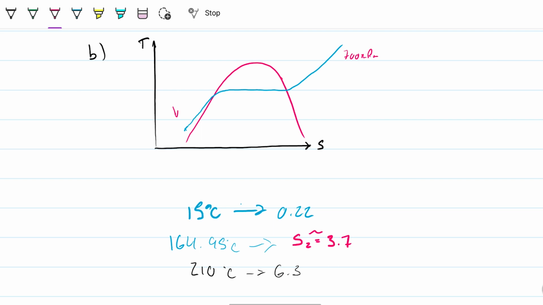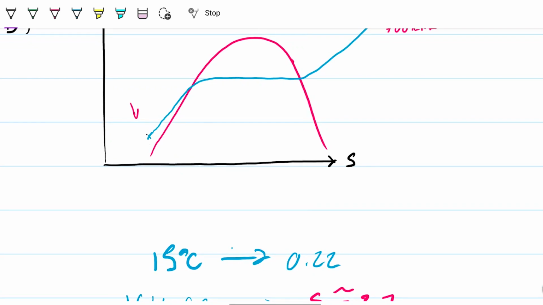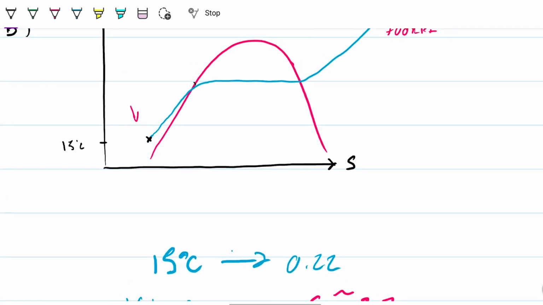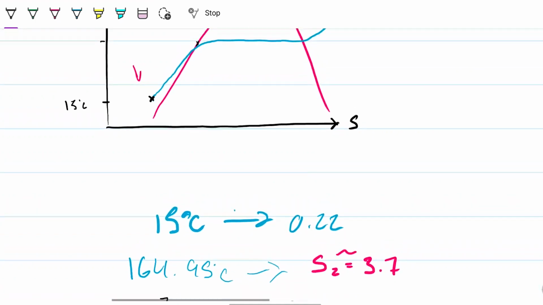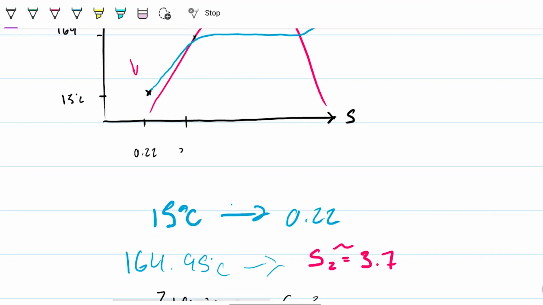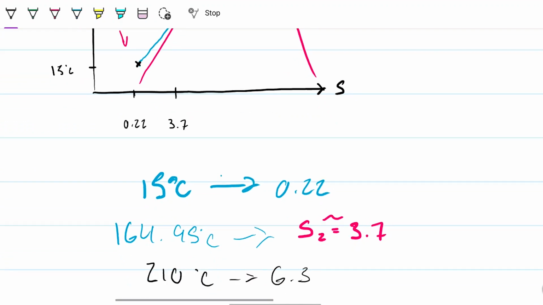So what we want to do here is state 1, and that's going to be my 15 Celsius. Then state 2, right where it touches, and that's going to be my 164 Celsius. And this is at 0.22. This is at 0.3, no, 0.37.